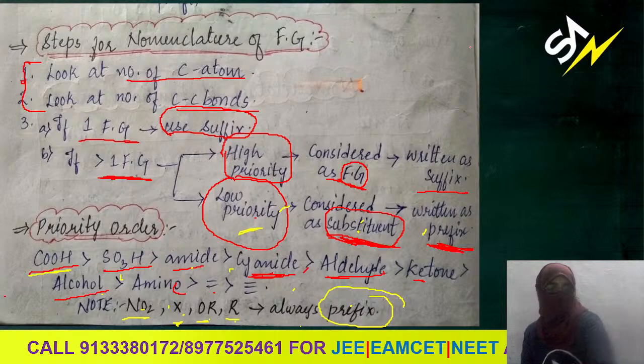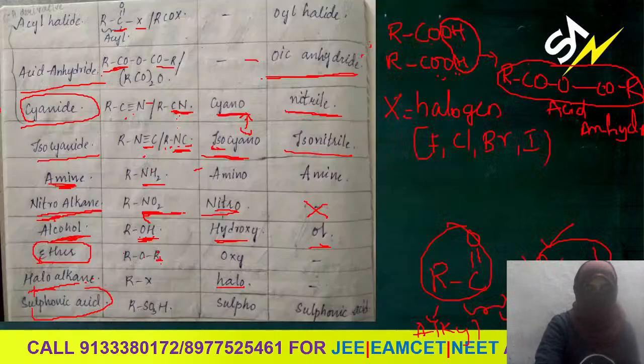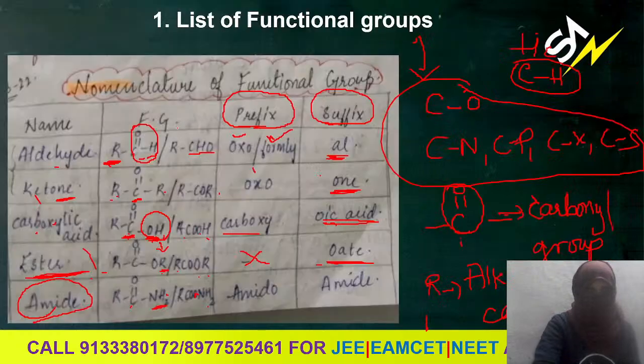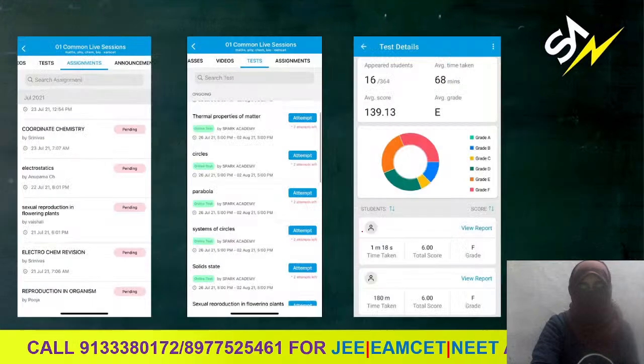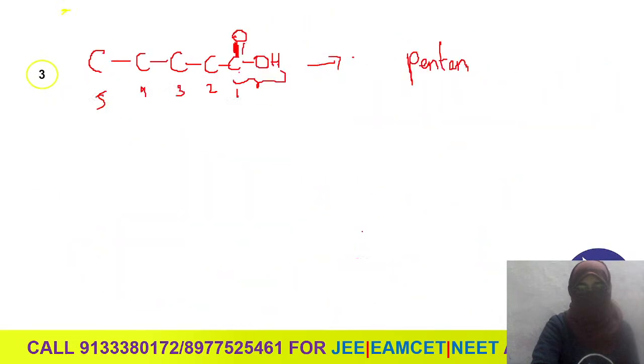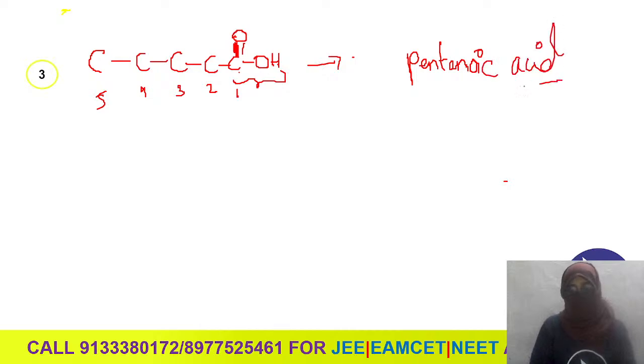If you have only one functional group, you will always use suffix. What is the suffix for carboxylic acid? The suffix is oic acid. So the name of the compound is pentanoic acid.